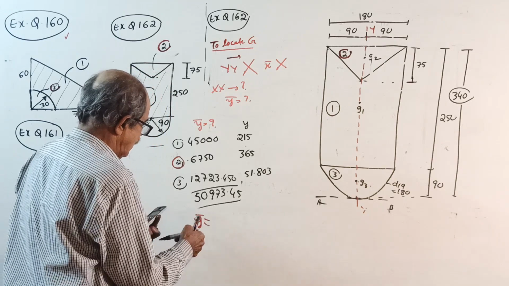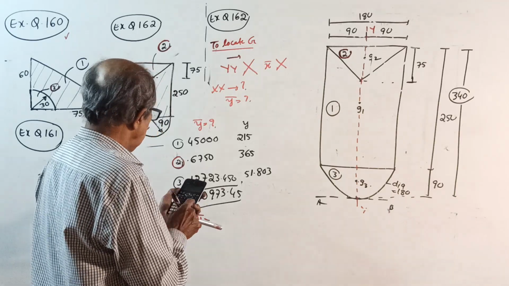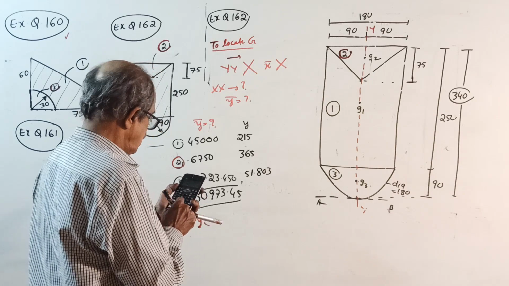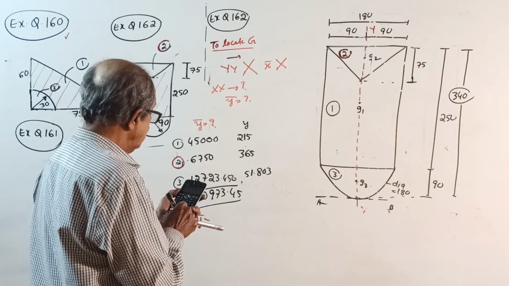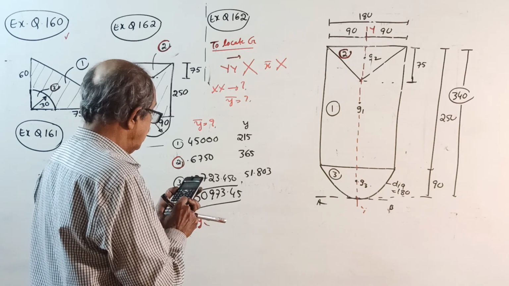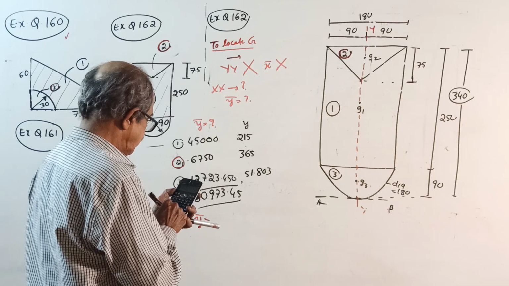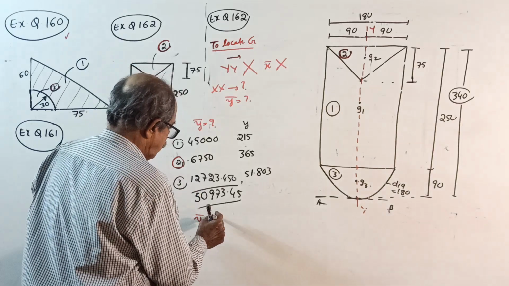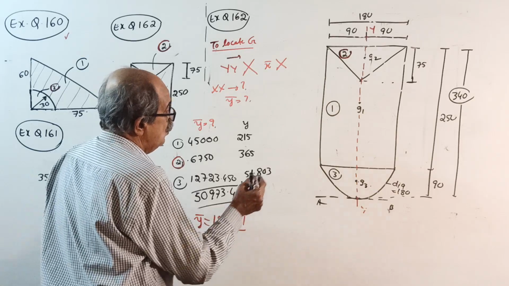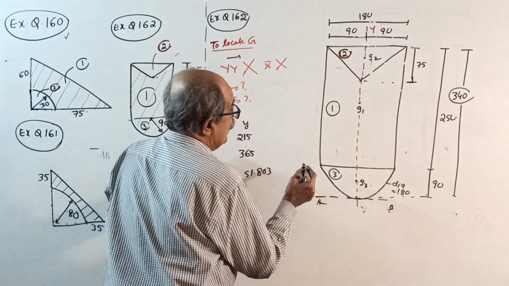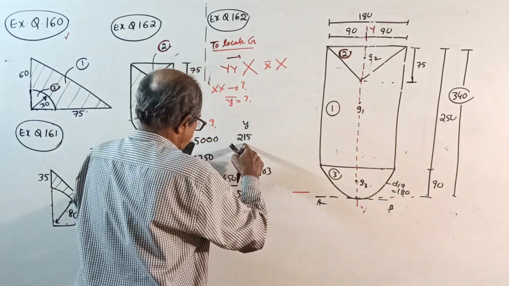So Y bar, I will calculate now. 45,000 into 215 minus 6750 into 365 plus 12723.45 into 51.803, divided by 50973.45. 154.401.